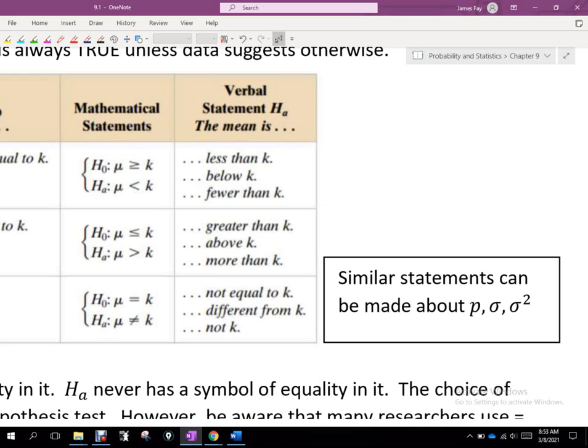When we talk about proportions, the formula to find the z-score is a little bit different. When we do variance, we're working with chi-square, so that formula is a little bit different too. But that's really the only thing that will be different as we work through hypothesis testing.